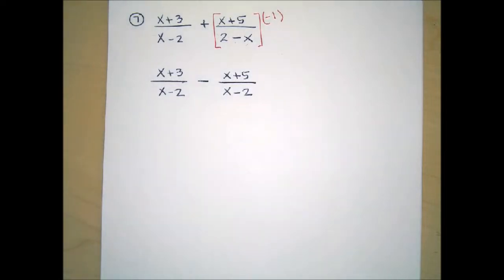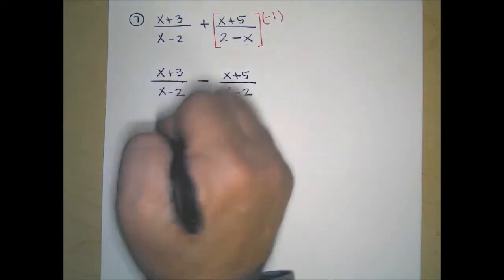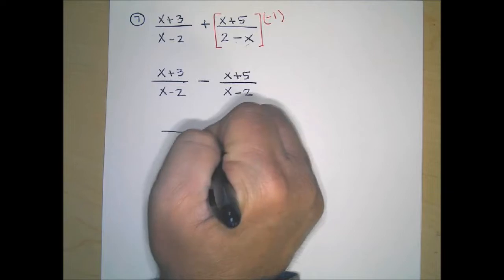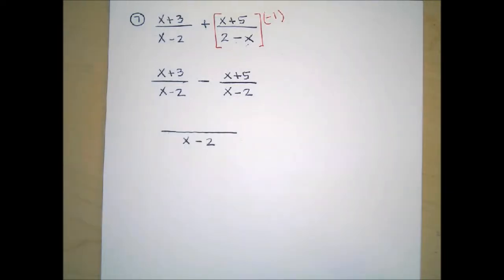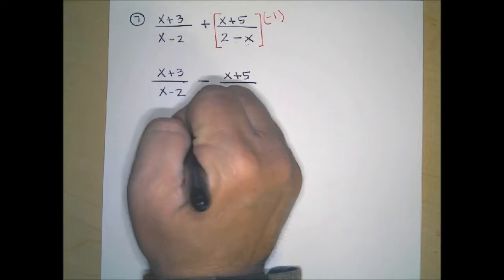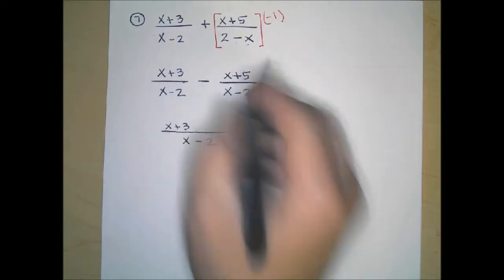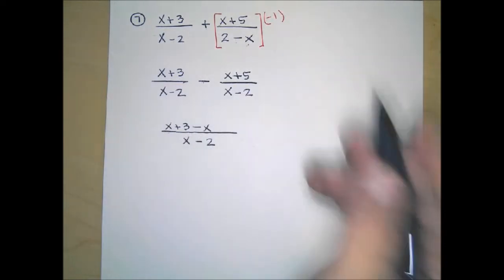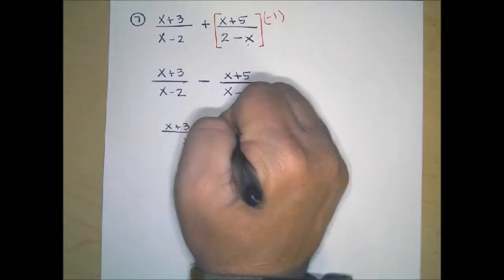So now I'm there. I have common denominators, so I know the denominator of my answer is going to be x minus 2. But what's going to be the numerator? Okay, it's going to be x plus 3 minus x. But remember that minus sign gets distributed over here too, so it's a minus 5.